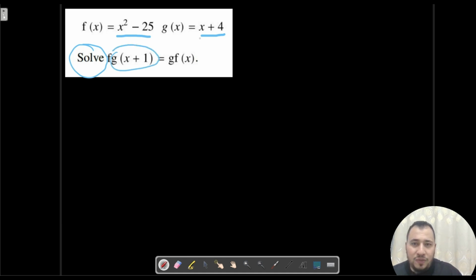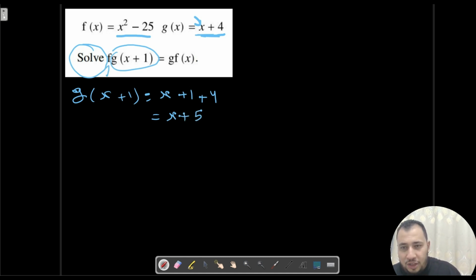Okay, where is function g? That's here. So g of x plus 1 equals, I'm going to substitute x here with x plus 1. So it's going to be x plus 1 plus 4. So this is going to be x plus what? Plus 5.